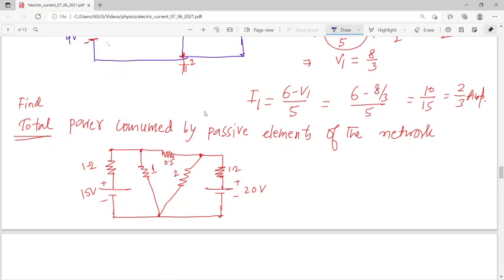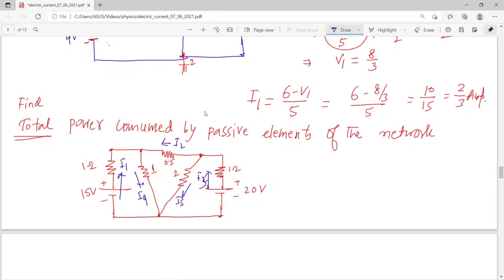Since this is a battery, the current I1 will be flowing through this, and the current I2 will be flowing like that, because we think the 20-volt battery is generating more current than the 15-volt one. So this is I2, this is I3. You can name them as per your choice. I am just writing I4, this is I5, and so on.